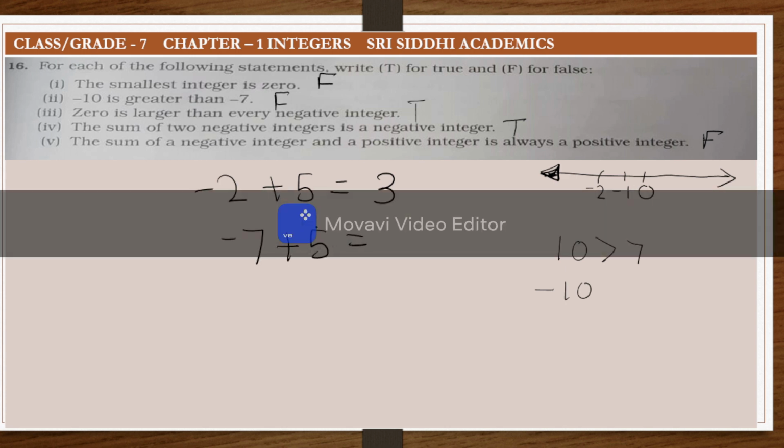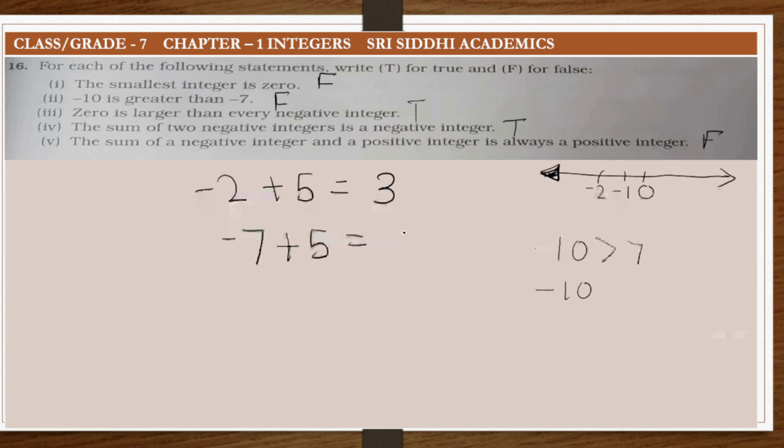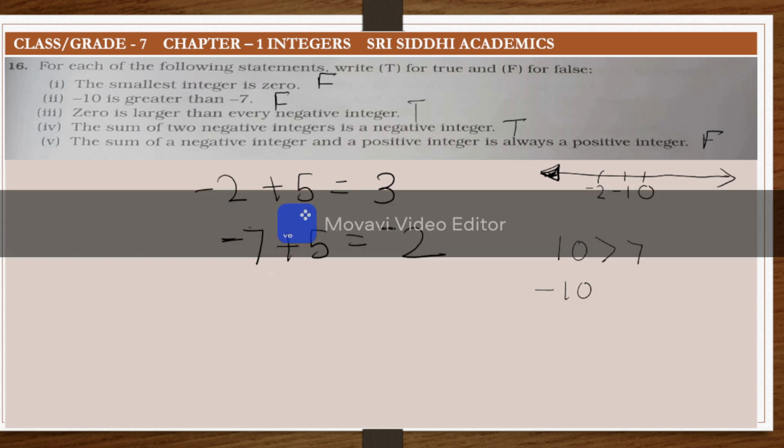What will it become? See, 5 is a positive integer, -7 is a negative integer. So here different signs, so I have to do subtraction. So value is 2 and it will take the minus sign, the sign of the bigger value 7. 7 is the bigger value, so its sign is minus, so it will come in the answer. So is it positive now? The sum of -7 and 5? No, it's -2, it's negative. So question number 16, 5 is false.